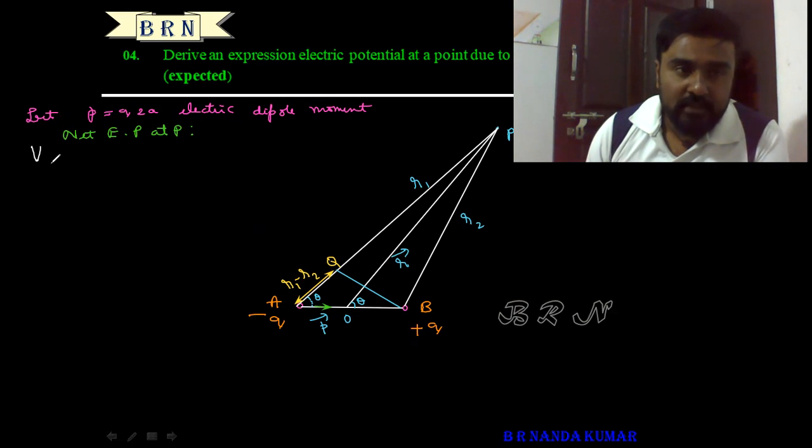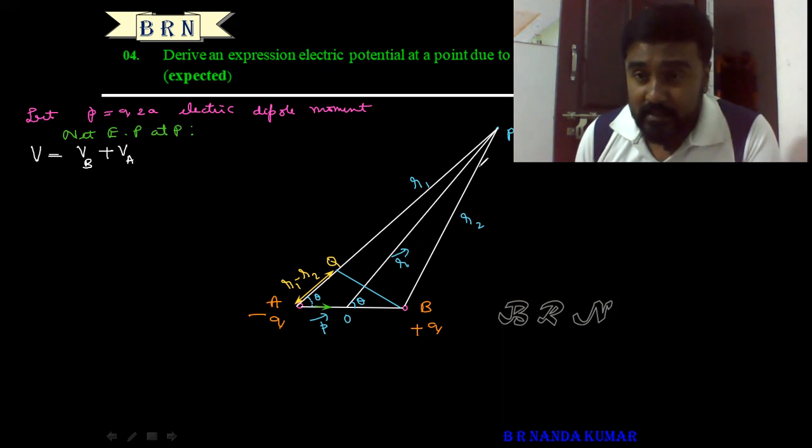So net potential at P, V equals VB plus VA. VB is the electric potential at P due to plus Q at B, that is positive potential, and VA is the electric potential at P due to minus Q at A, that is negative potential.